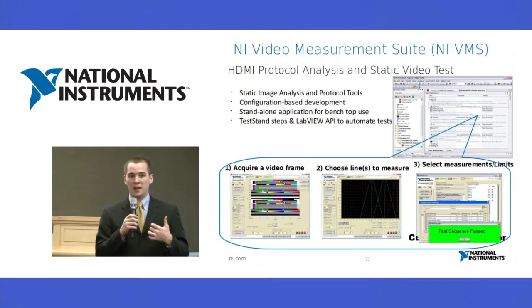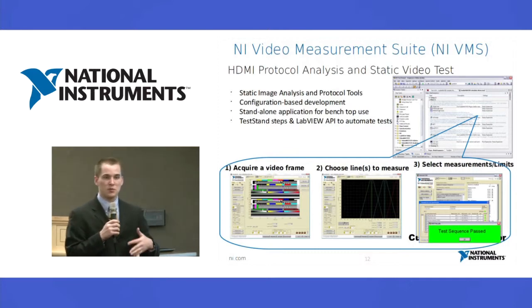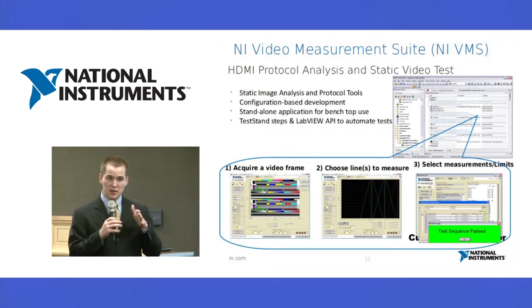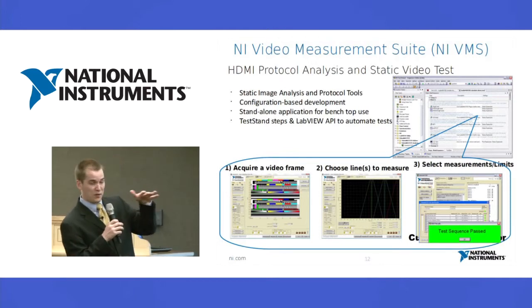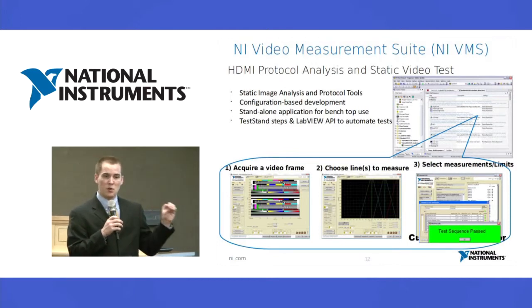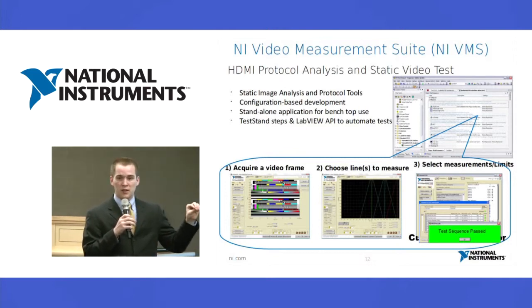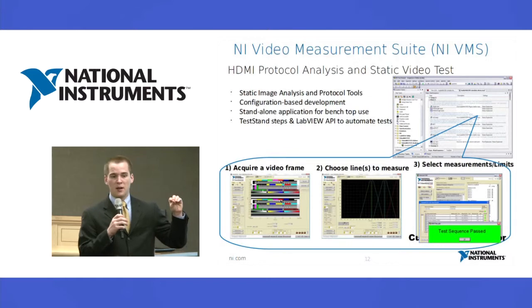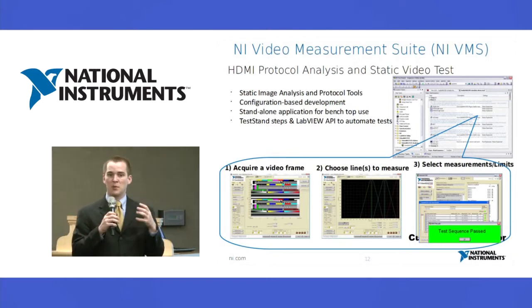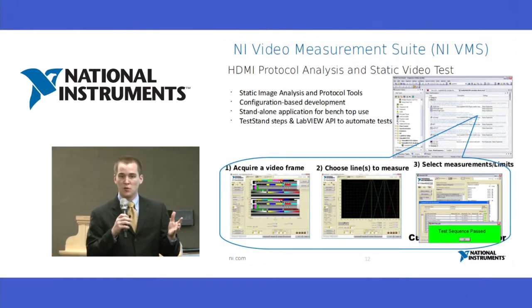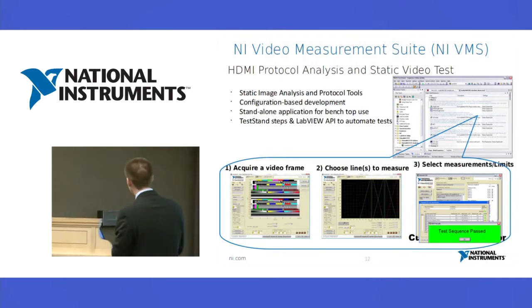It's a way of automating a test. So say, for instance, with the color bars, you want to ensure that the color yellow is the correct color of yellow. You'll say it can be between this value and this value, and it'll quickly acquire that frame, look at the color bars, measure what the levels of that yellow is, and give it a pass-fail. And that can bubble up into a result for you to use.